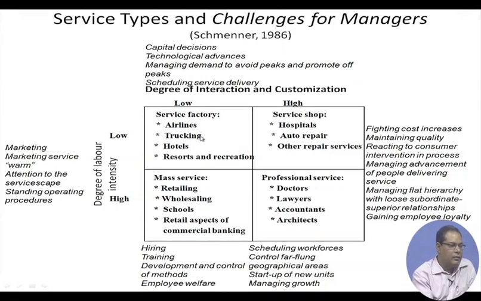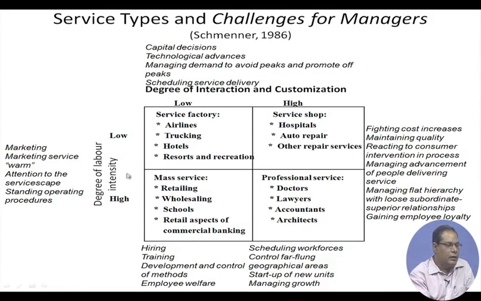In the quadrant where labor intensity is low as well as interaction and customization, we have the service factory. Examples are airlines, trucking, hotels, resorts and recreation. Then where labor intensity is low and interaction is high, we have the service shop, like hospitals, auto repair and other repair services.